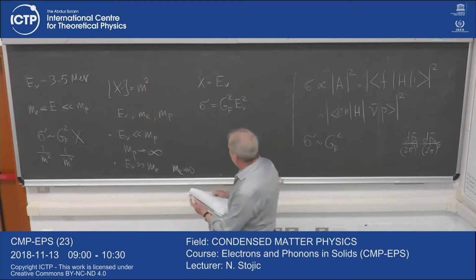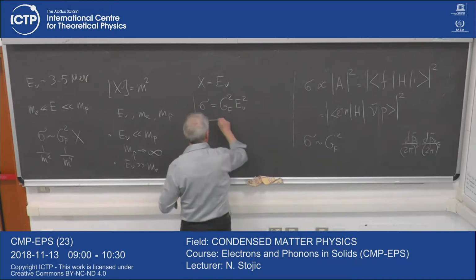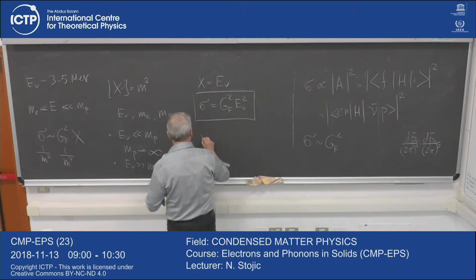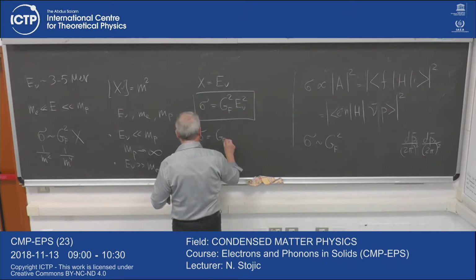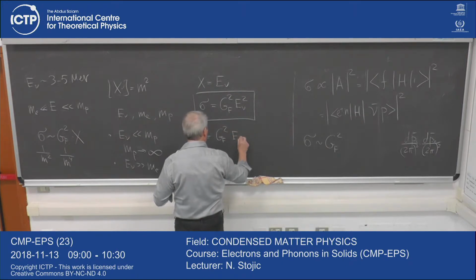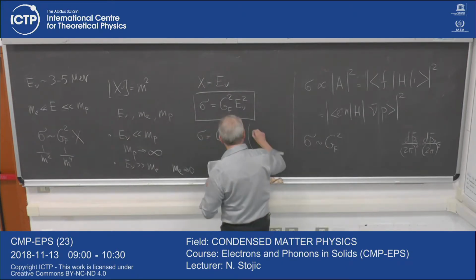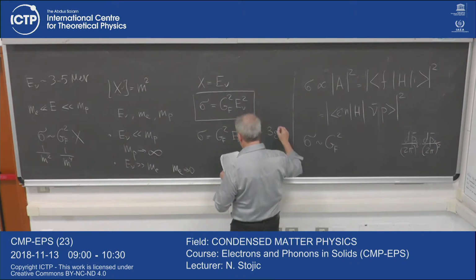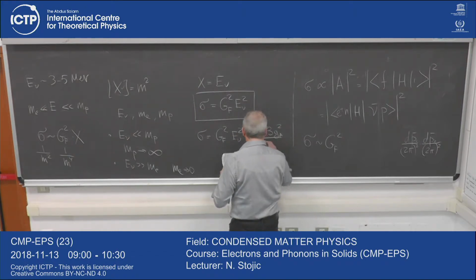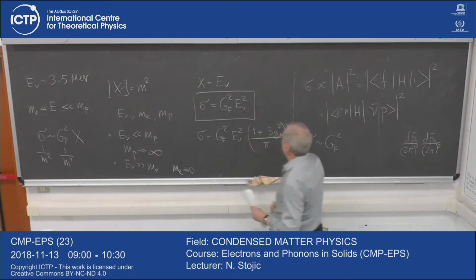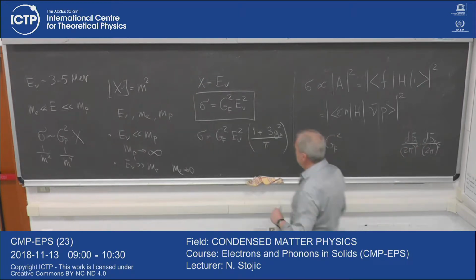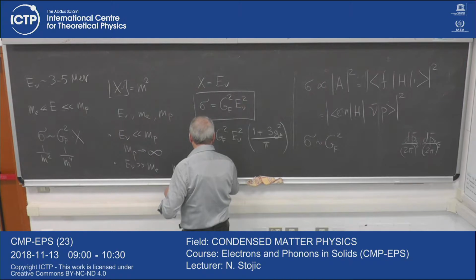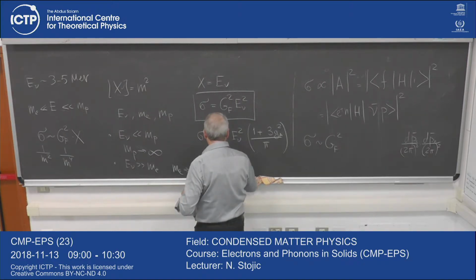Now, what is amazing is that the exact quantity for the cross-section is G Fermi squared, energy of neutrino squared, and then the factor 1 plus 3GA squared over pi, where GA is the so-called axial vector coupling, and it equals 1.23.